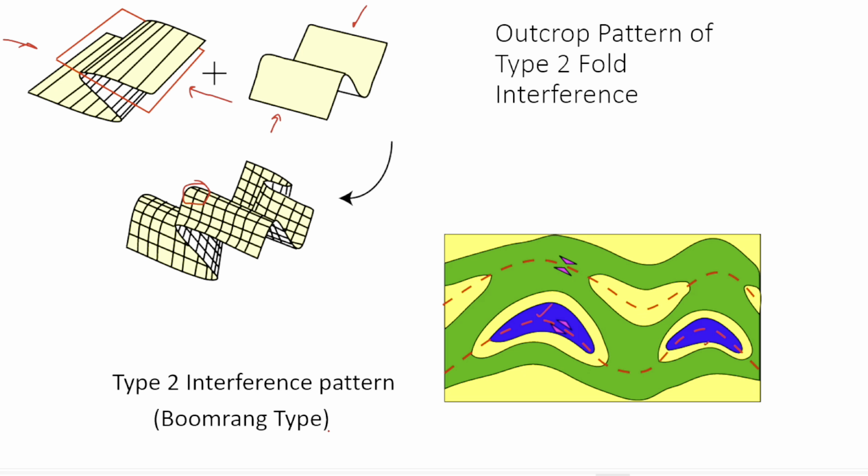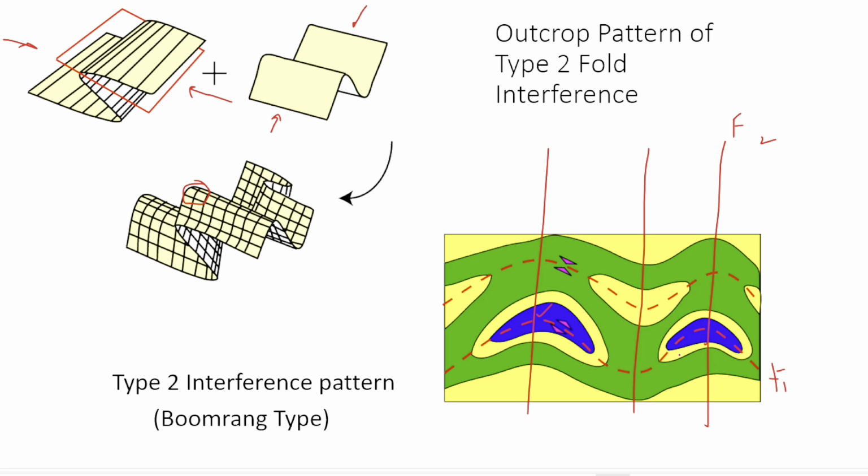In this case, if we look at the axial plane, one axial plane is like this. This one is our F1, this one is our F2.